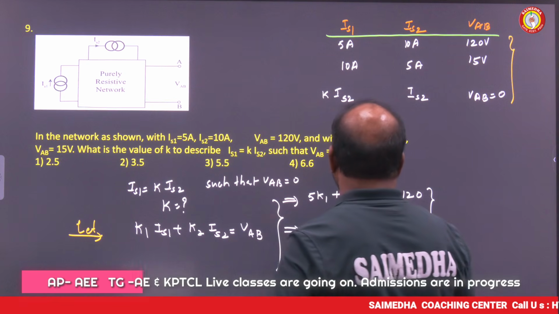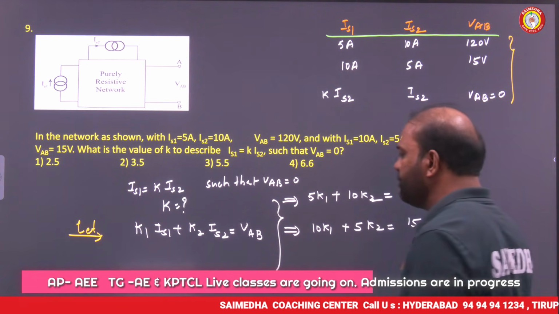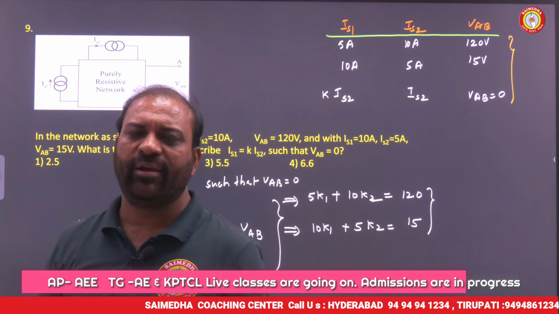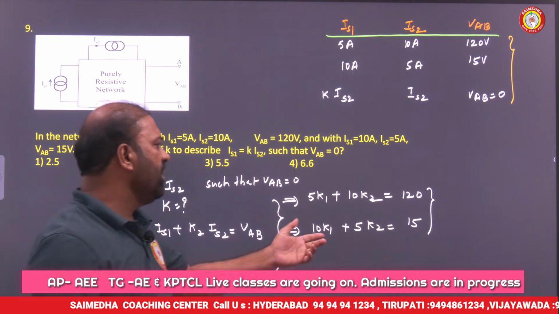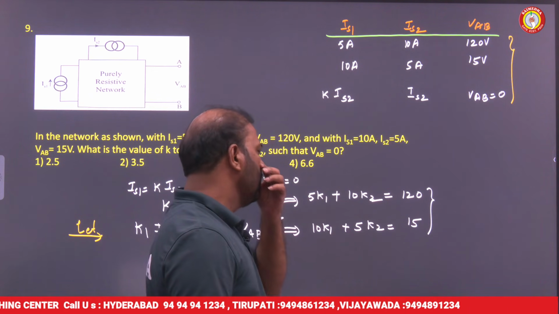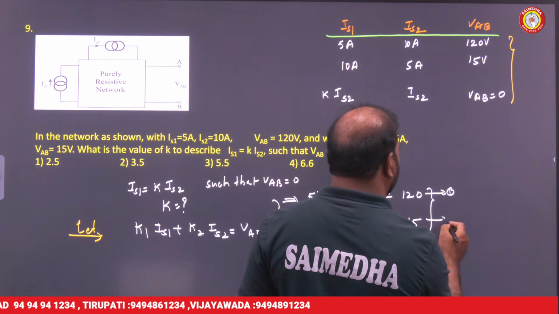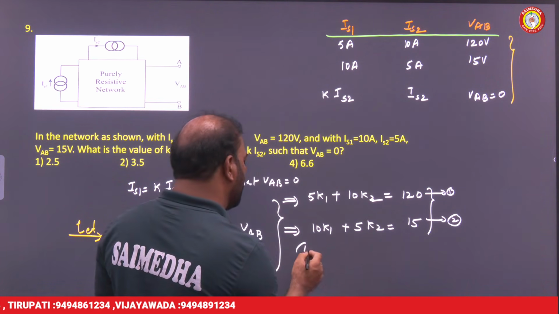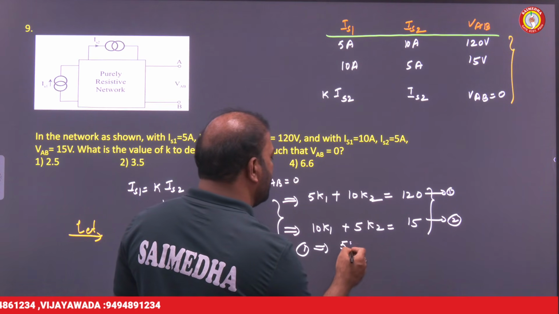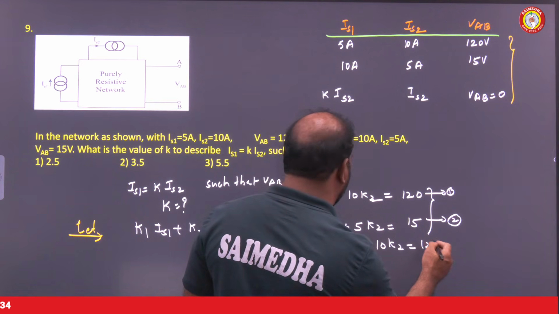My friends, I would like to solve these two equations and find the values of K1 and K2. To find them, we equate any one of the coefficients. Here I am interested in equating the coefficients of K2. So this is equation number 1 and this is equation number 2. Equation 1: 5K1 plus 10K2 is equal to 120.